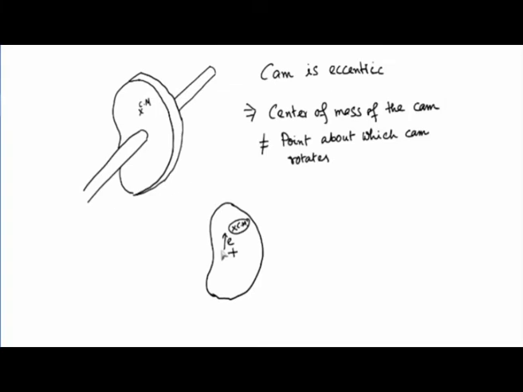So unlike the case of the wheel, the case of the cam is definitely going to lead to eccentricity. By eccentricity what we mean is the distance between these 2 points.